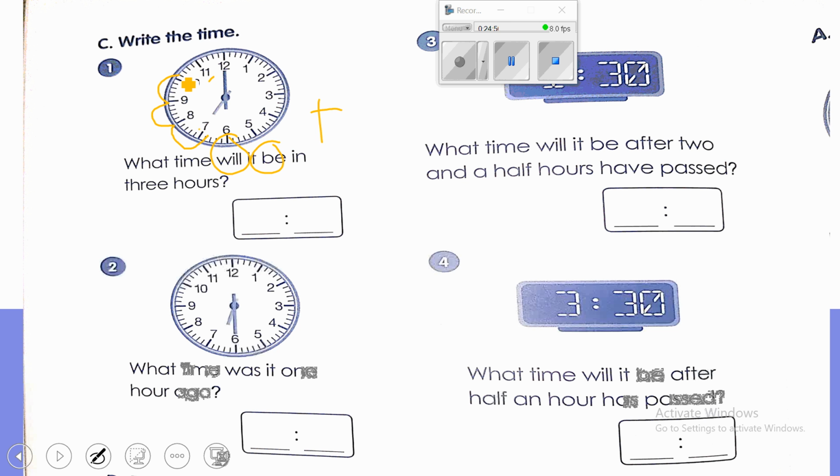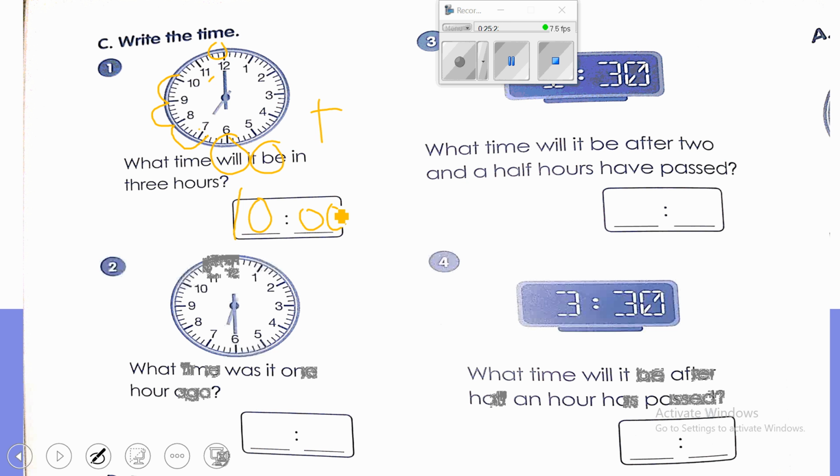Excellent. It will be 10. What about the minutes? Here I have 0. Did I say I'm adding hours? I'm adding minutes? No, so still 0.